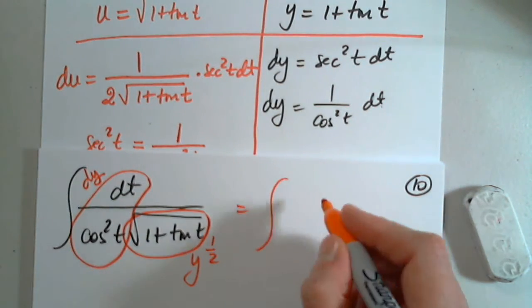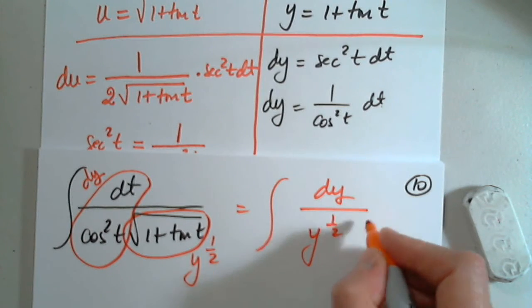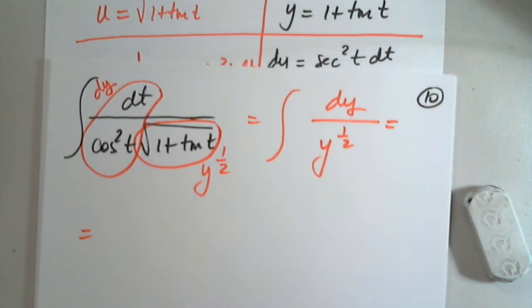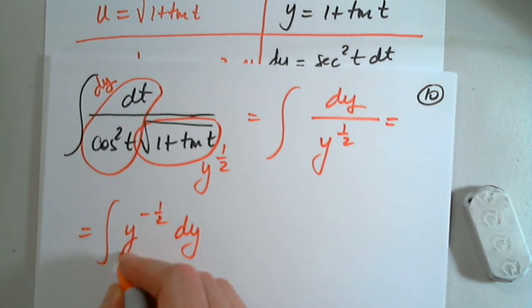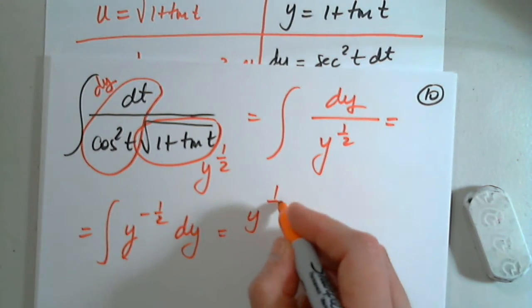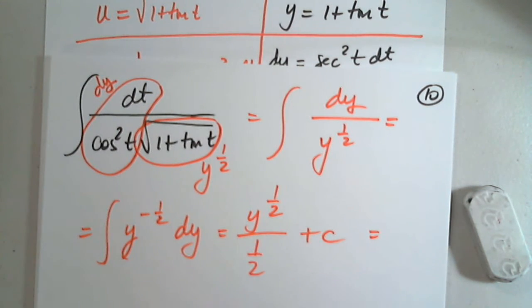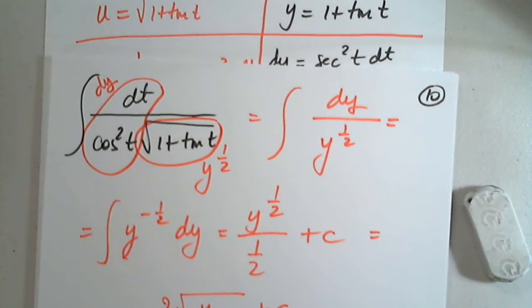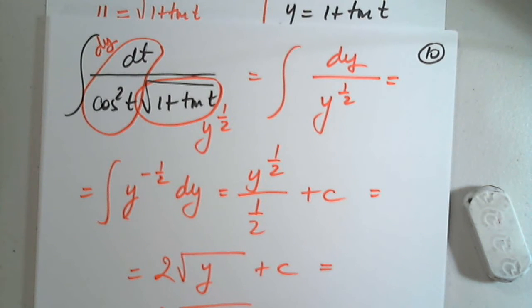So then the integral becomes dy over y to 1/2, or y to negative 1/2 dy, which is y to negative 1/2 plus 1, which is y to 1/2 divided by 1/2, plus a constant c. Flip to the square root of y plus a constant c. I have to go back and replace y, and that is the square root of 1 plus tangent t plus a constant c.